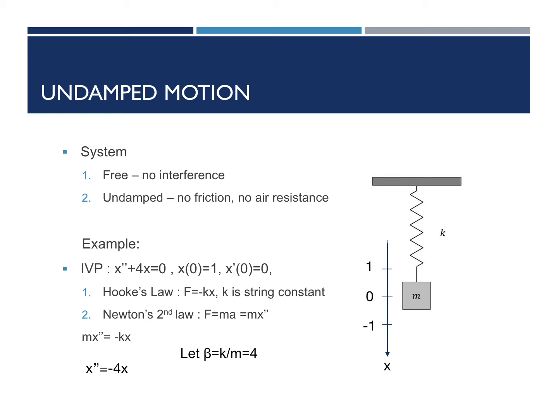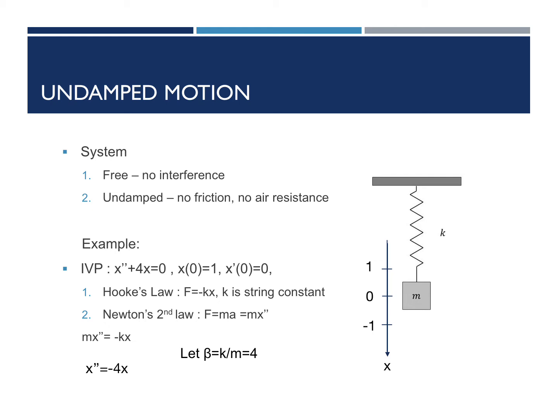There are two laws that we use, which are Hooke's law, F equals minus kx, where k is the spring constant, and Newton's second law, F equals ma, which equals m x double prime. We combine these two laws together and we get m x double prime equals minus kx, and we let beta equal k over m equals 4.